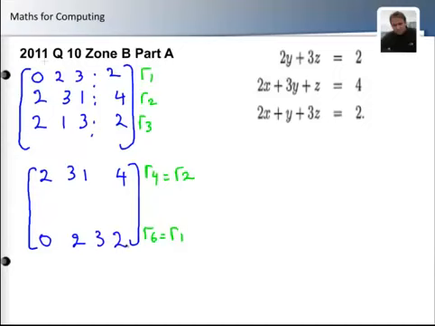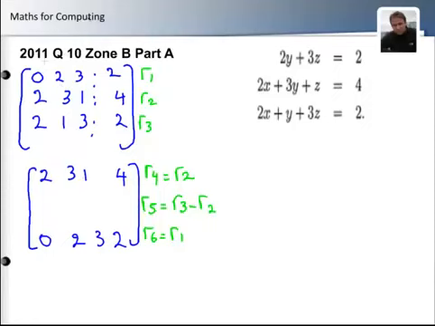There we go. And that's row 4 and row 6 are just like rows 1 and 2 just rearranged. What I'm going to do this time now is I'm going to go row 5 equals row 3 minus row 2.